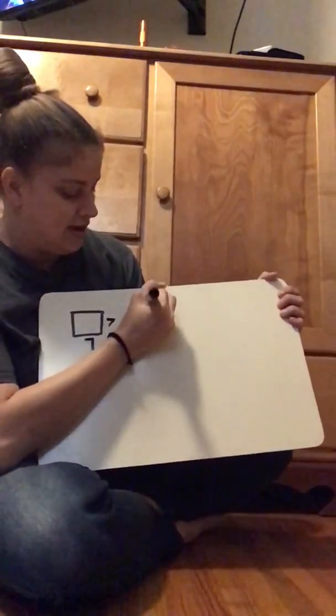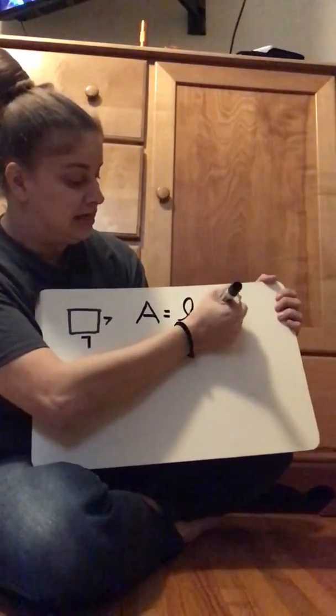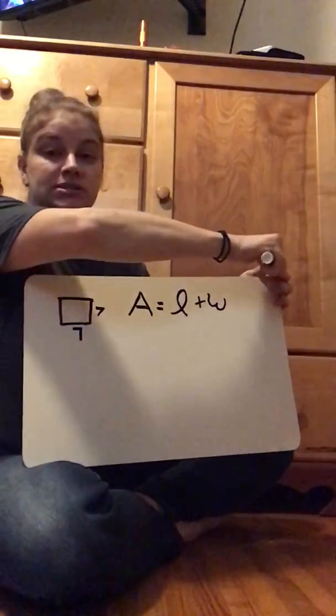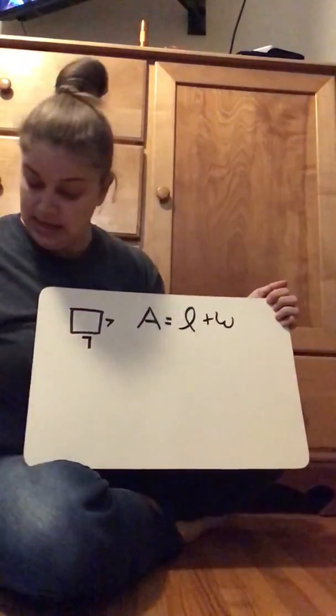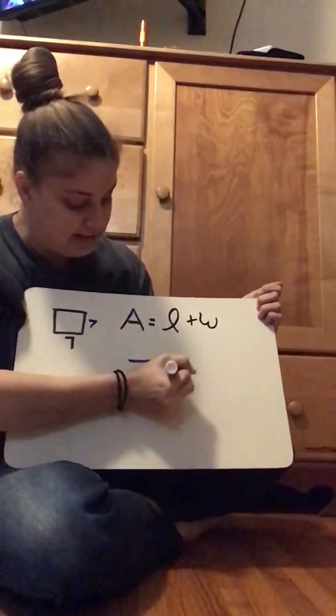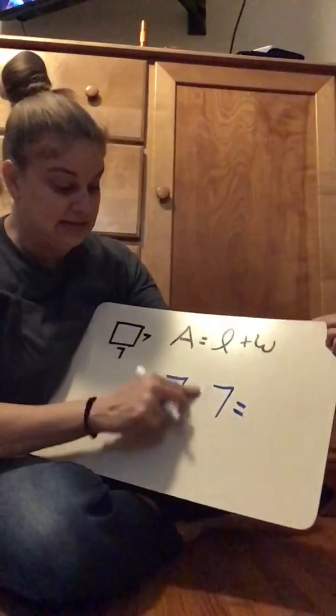So to find the area of the square, I do length times width. So for this problem, since this is 7, I would do 7 times 7.